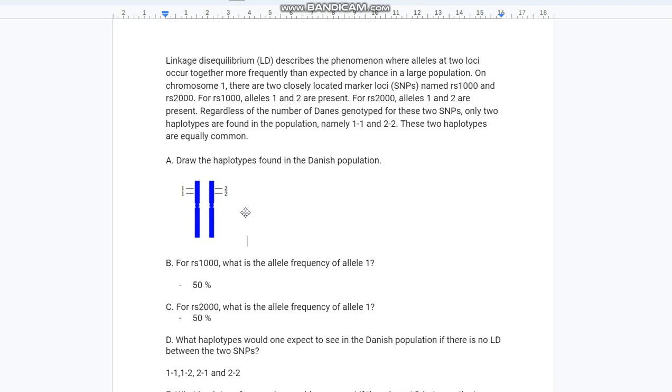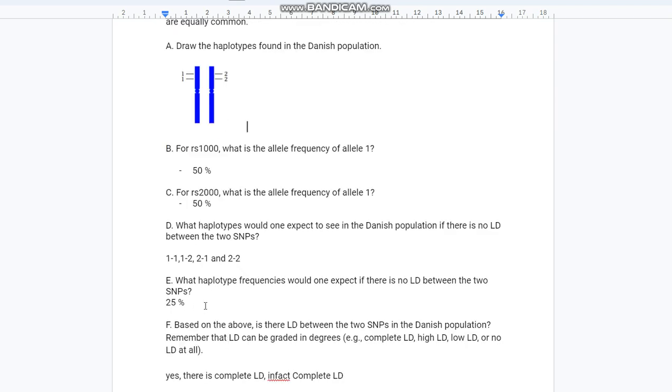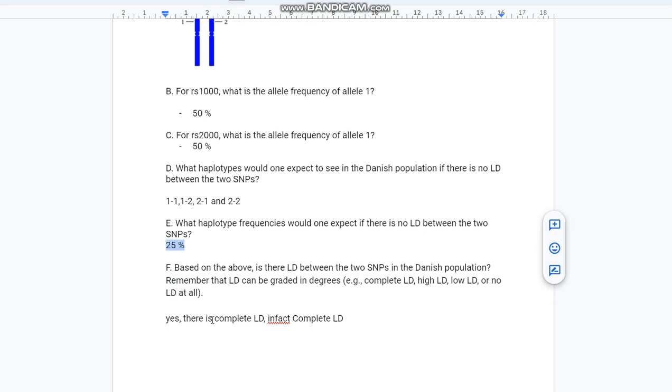And the frequency of the two alleles, allele 1 and 2, is higher than expected. This is 50 and 50%, and here we said if there is no linkage disequilibrium, it would be 25%. So this is higher than expected, and therefore we can say there is complete linkage disequilibrium, as it is 50-50.